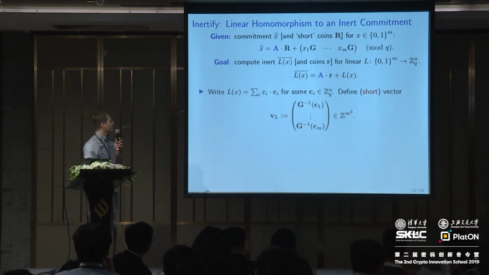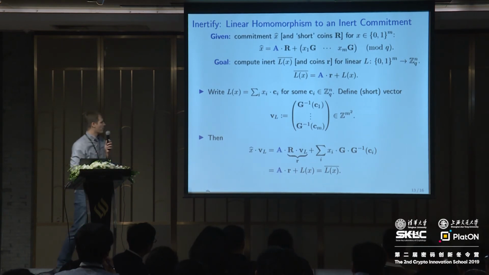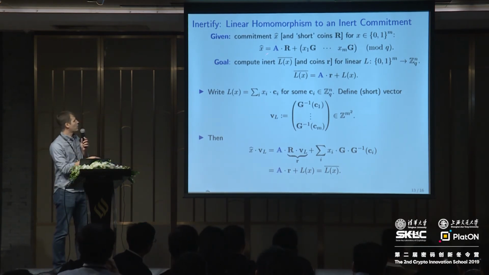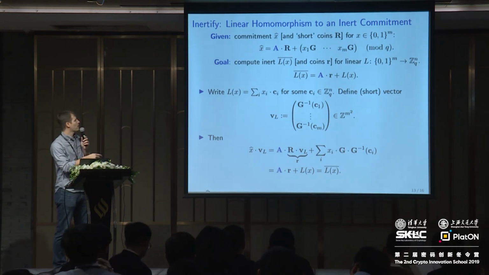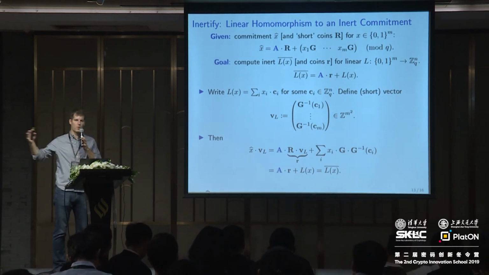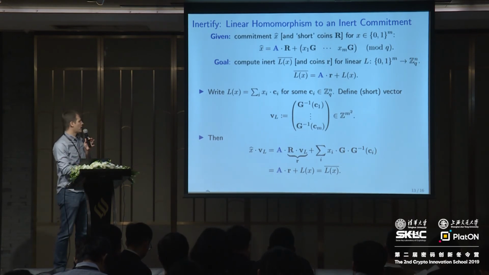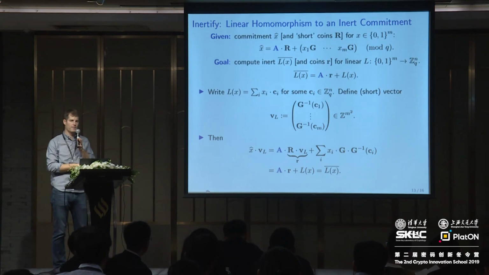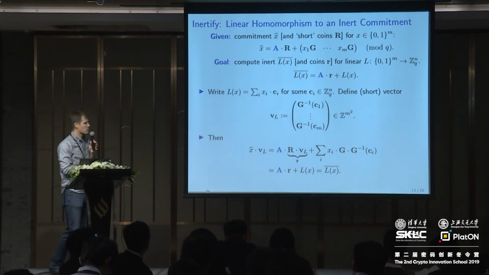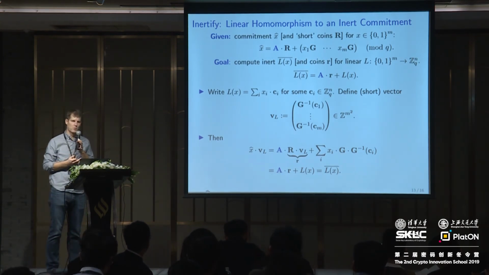Good, so let's verify how this is going to work. We take our fully homomorphic commitment to x, which is this big wide matrix, and we multiply on the right by this binary vector VL. And magically, this just works out as you want it to.